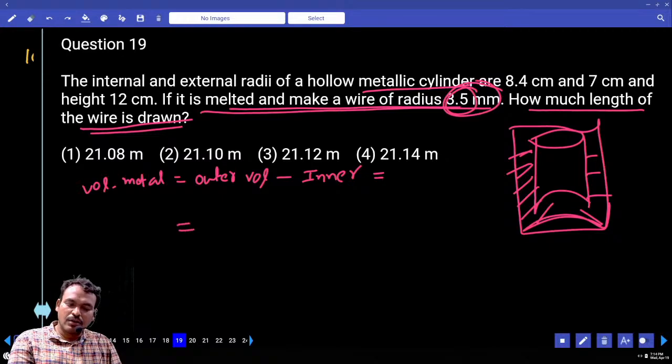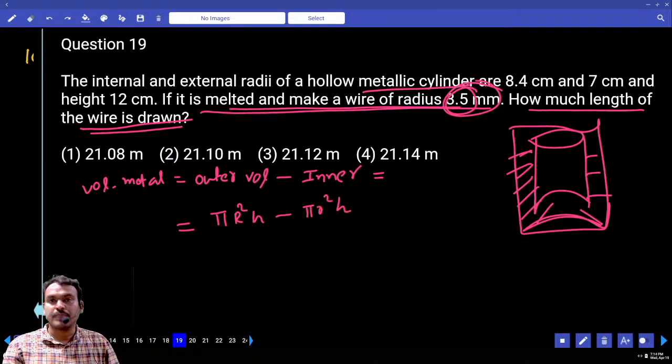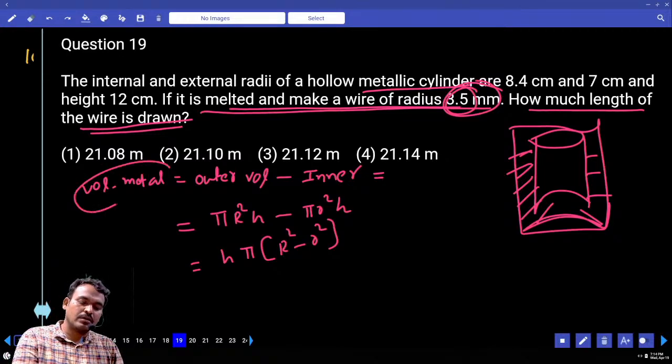First, outer volume we write as pi capital R square h, minus inner volume, pi small r square h. In both cases, is the height value same or different? Same. Then we write h into pi into (R square minus r square), which is equal to the volume of which one?